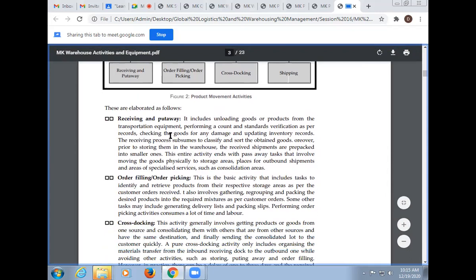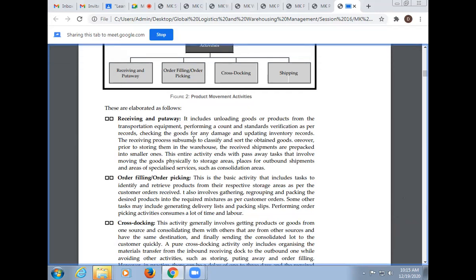What are the receiving and the putaway? It includes unloading goods or the products from the transportation equipment, performing count and standard verification as per the records, checking the goods for any damage and updating inventory records. The receiving process subsumes classifying and sorting the obtained goods.